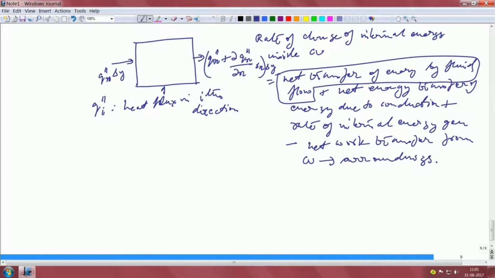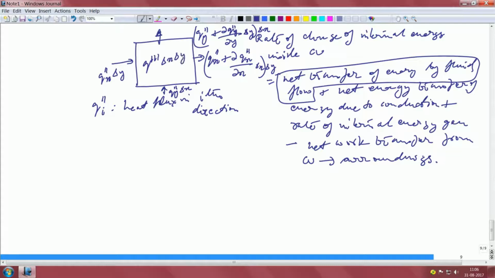Similarly, you have Qy'' into delta x, whatever is coming out from the other side of the control volume, Qy'' plus dQy''/dy into delta y, into delta x. It is a little bit messy, but I think you can still identify that. And there will be heat generation within the control volume.